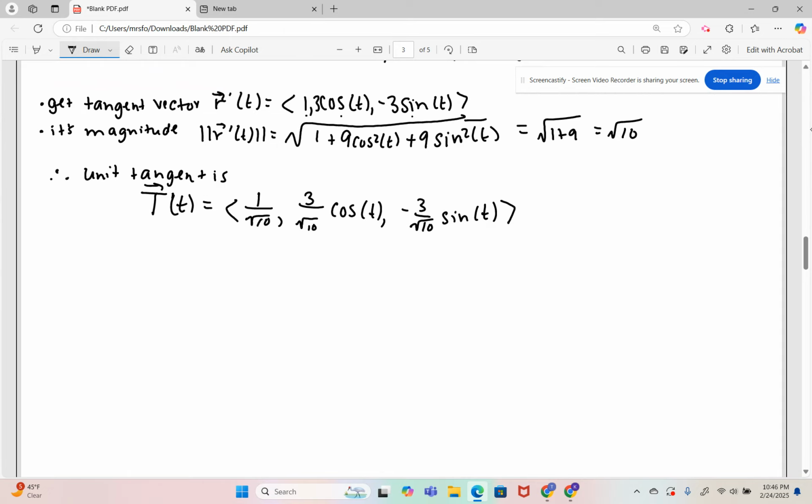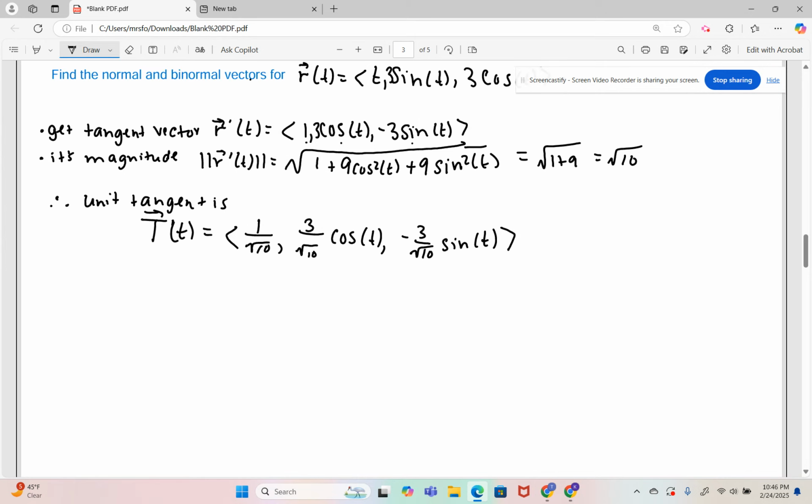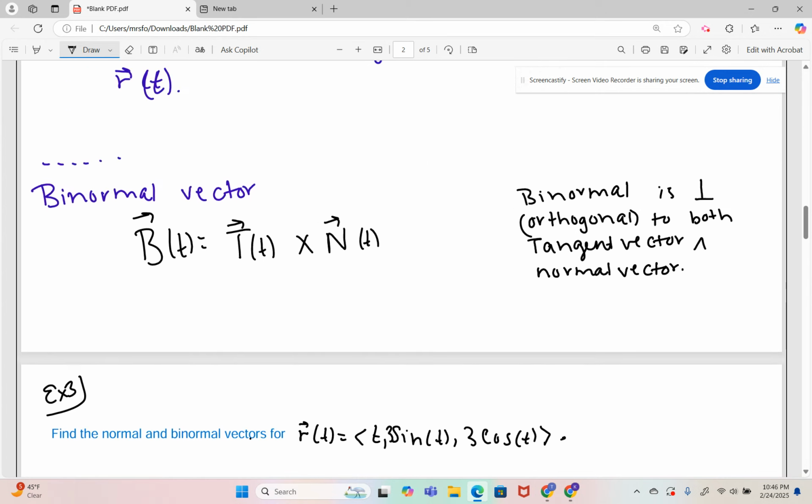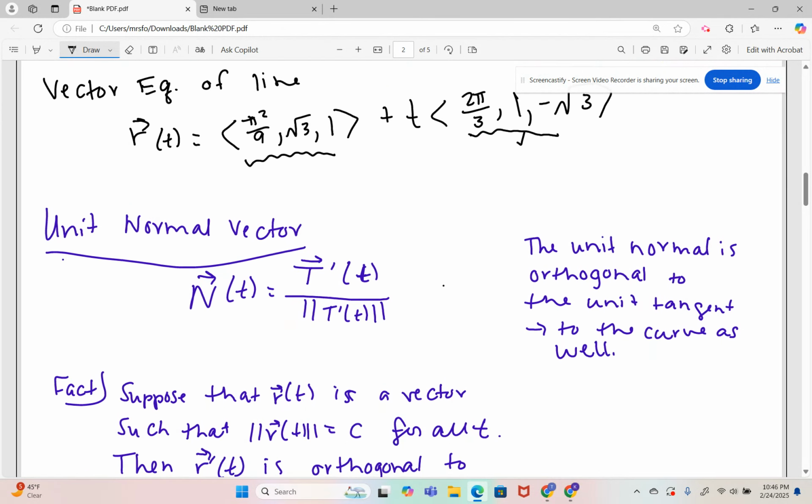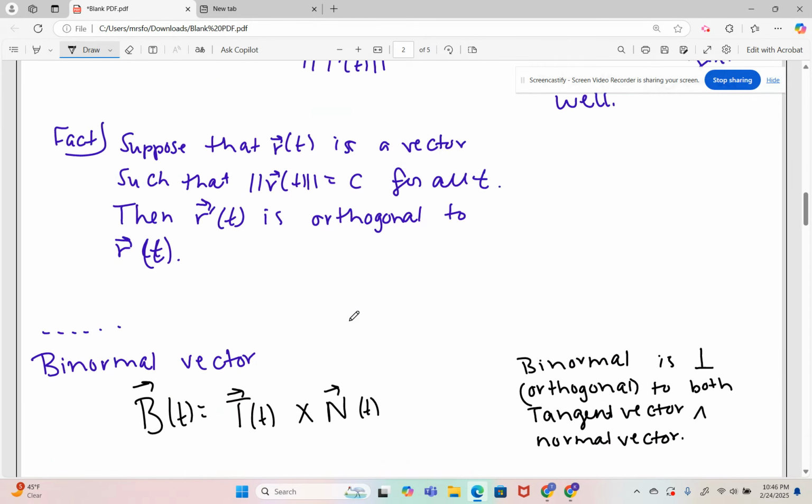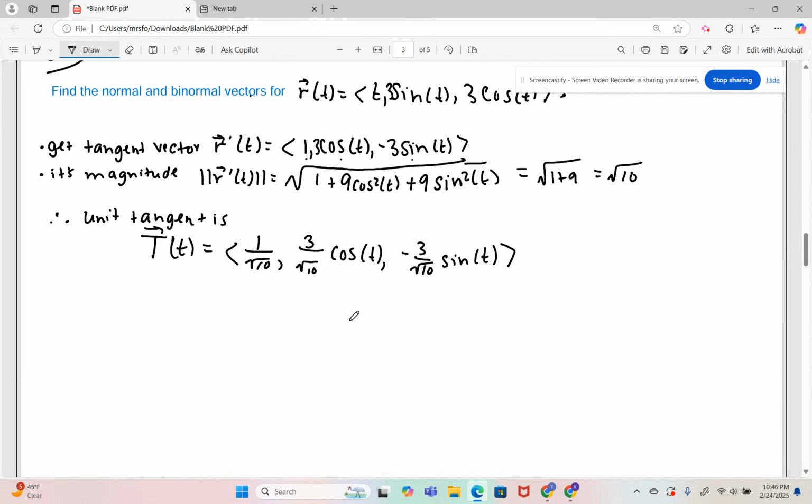So now the unit normal vector will now require the derivative of the unit tangent. So going back, the unit normal, let's see, where's the unit normal? So the unit normal is going to use the derivative of both of these. So we found the unit tangent.